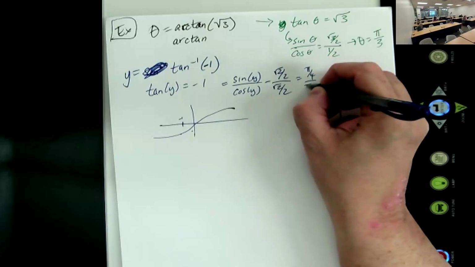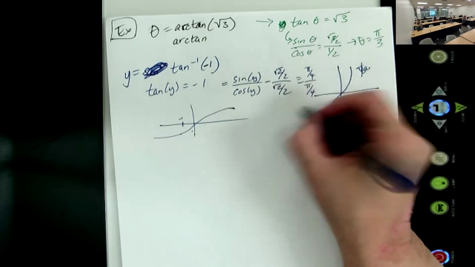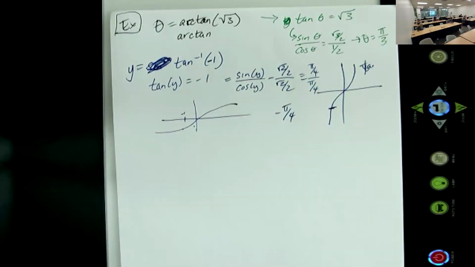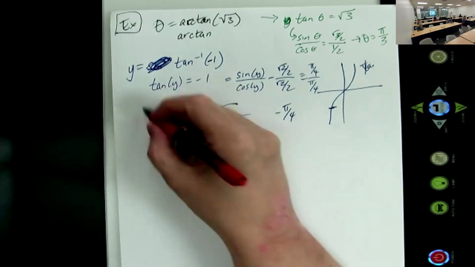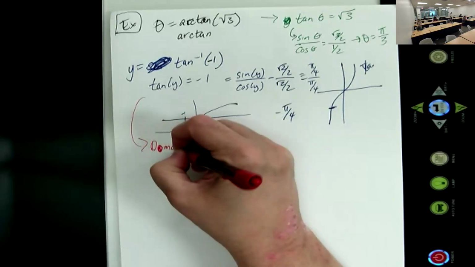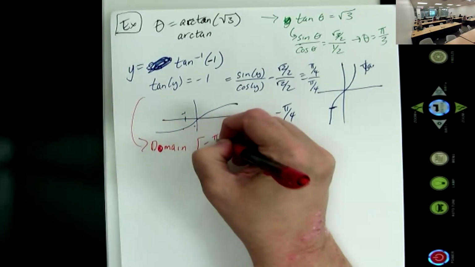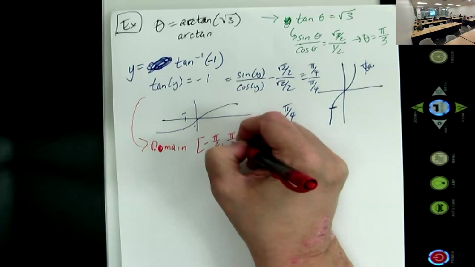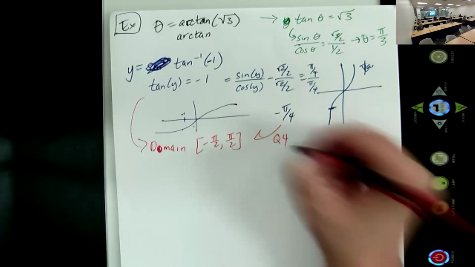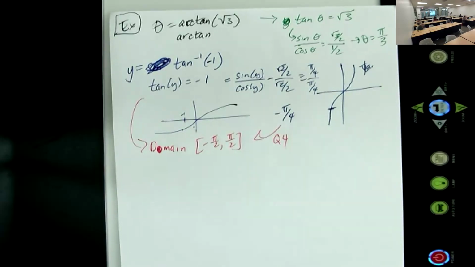Just figuring out which one, we got the negative there. Negative pi over 4, because the range is negative pi over 2 to pi over 2. So you're right, quadrant 4. Quadrant 2 is outside of our range.